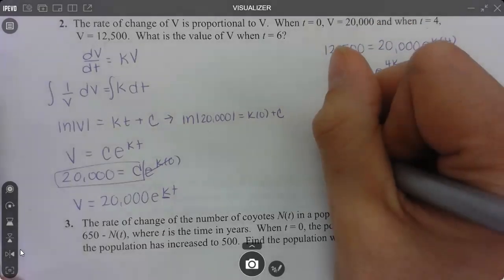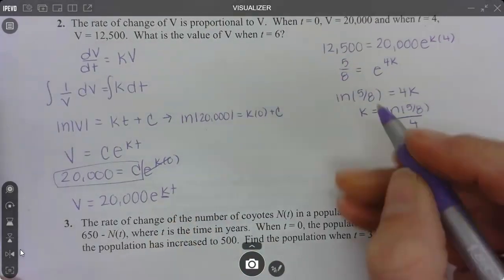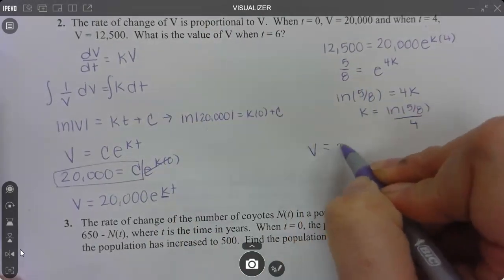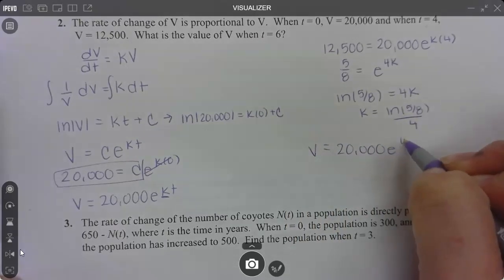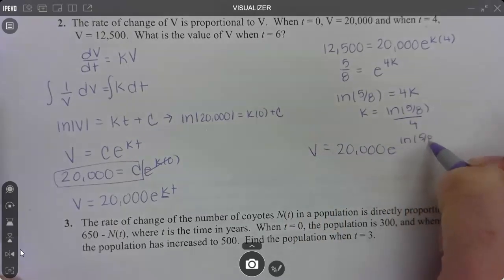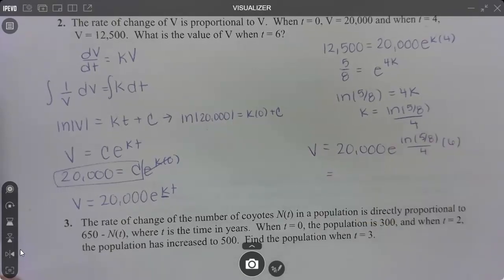And then we have, what is the value of V when t is 6? So we get V equals 20,000 E to the ln 5/8 divided by 4 times 6.